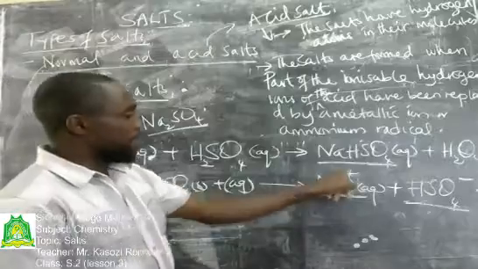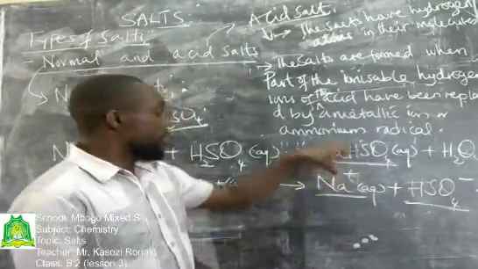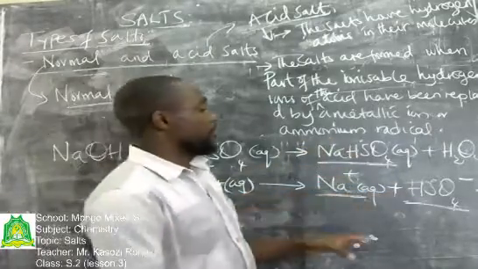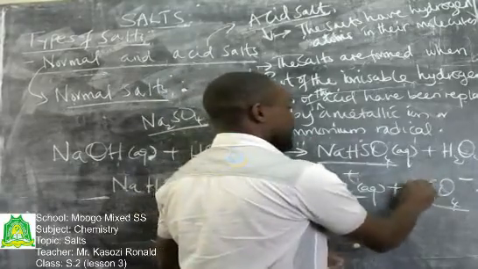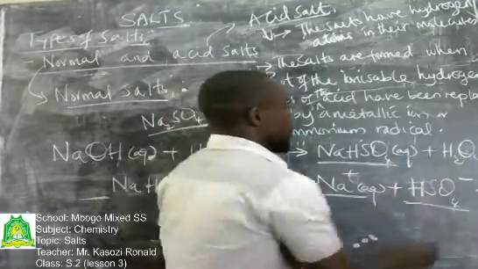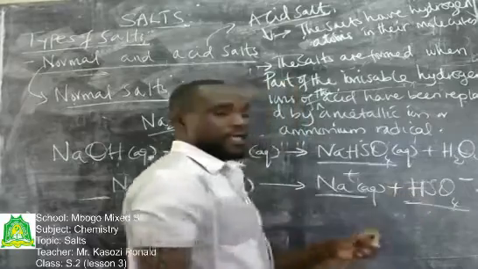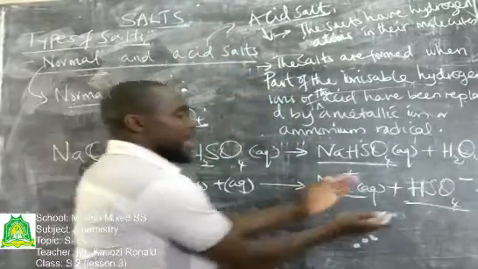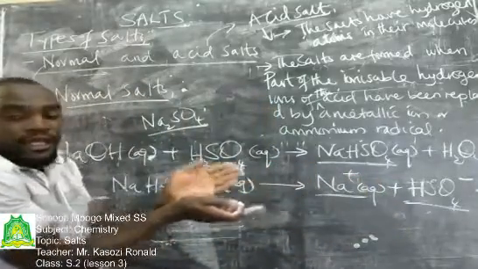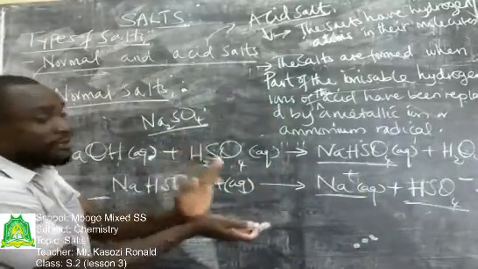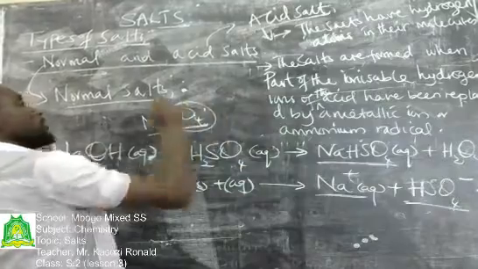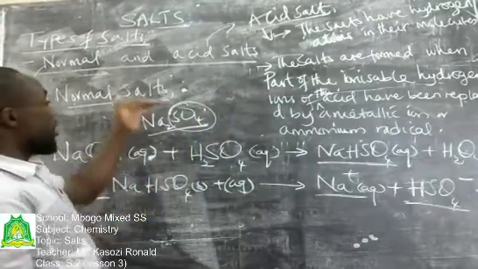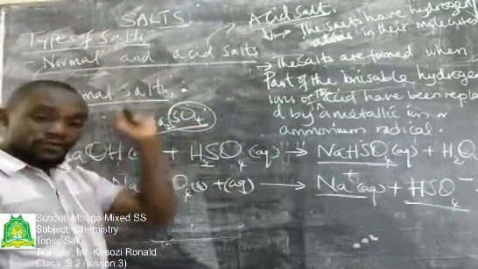The positive part is the sodium ion. The negative part, the acid radical, is the hydrogen sulfate ion. So for these acid salts, their anions can undergo further ionization, which is not the same case for normal salts. Their anions do not ionize in water.